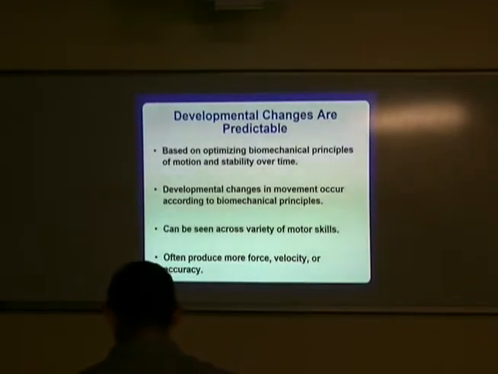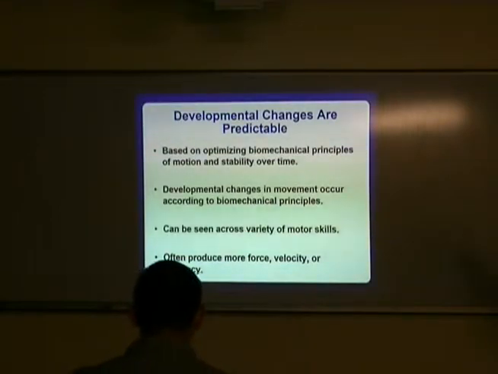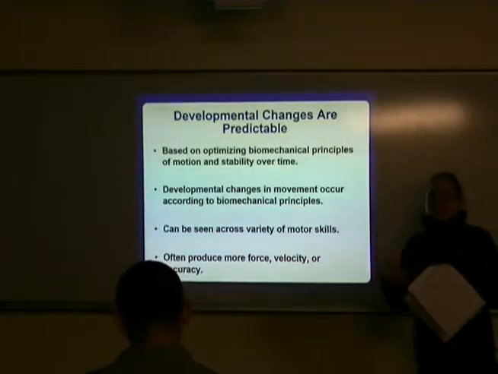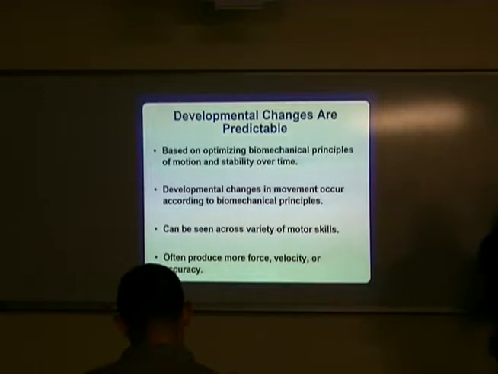Developmental changes that we see in movement are predictable. So we said the other day that we have that slight contradiction where we say that humans develop in a universal way.